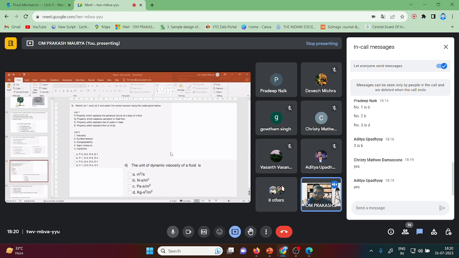P is the property which explains the spherical nature of a drop of a fluid, Q is the property which explains the cavitation in fluid flow, R is the property which explains the rise of water in trees, and S is the property which explains the flow of an oil jet. The options include viscosity, surface tension, compressibility, vapor pressure, and capillarity.